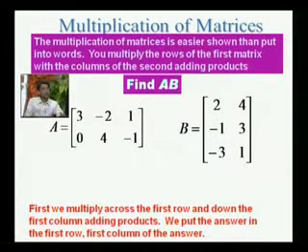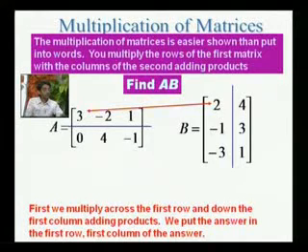That means we multiply the first row elements of matrix A with the first column of matrix B and the corresponding elements. That means the first element of the first row with the first element of the first column, then the second element of the first row with the second element of the first column, in this way.